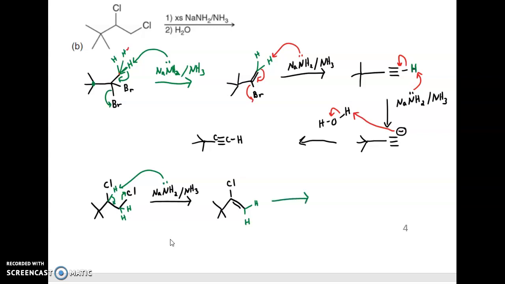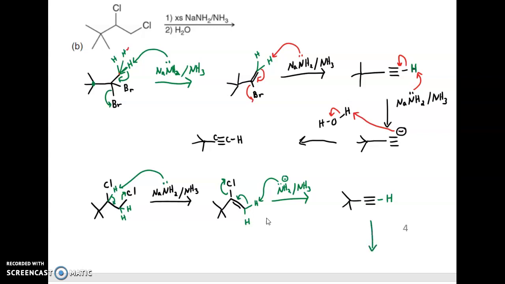And we'll have another amide come in, and it will grab another proton. The electrons joining it to the carbon will make a triple bond, and we'll end up with this structure after this chlorine is removed, since it is a leaving group. So we end up with this structure over here.